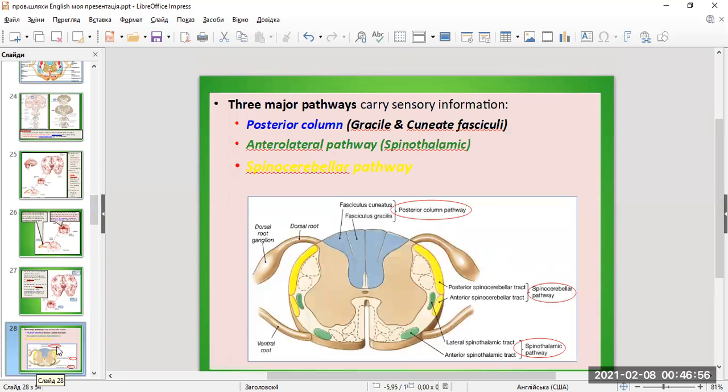Three major pathways carry sensory information. Posterior column, which contains the gracile and cuneate fasciculi. Anterolateral pathway, spinothalamic, and spinocerebellar pathway.